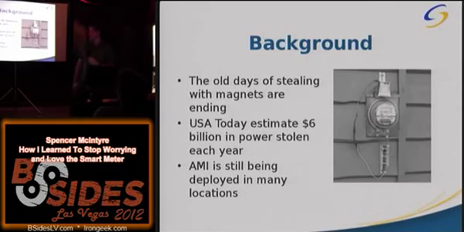So AMI is still being deployed to a lot of different locations. Smart meters are still being put out and the older meters are being replaced by these ones. One of the reasons these meters are being deployed is the assumption that they will make these very basic attacks very difficult. Well, not necessarily difficult, but you can't do them anymore because it's a different type of mechanism internally that's monitoring the power.